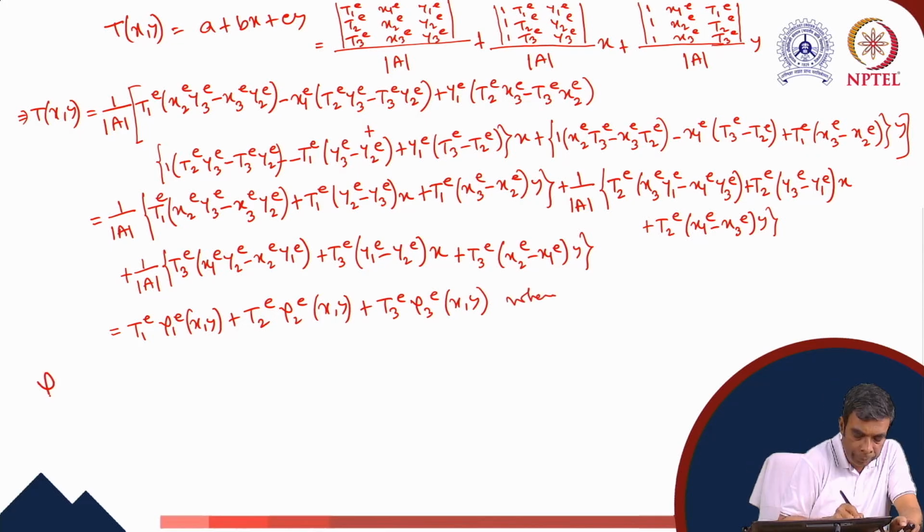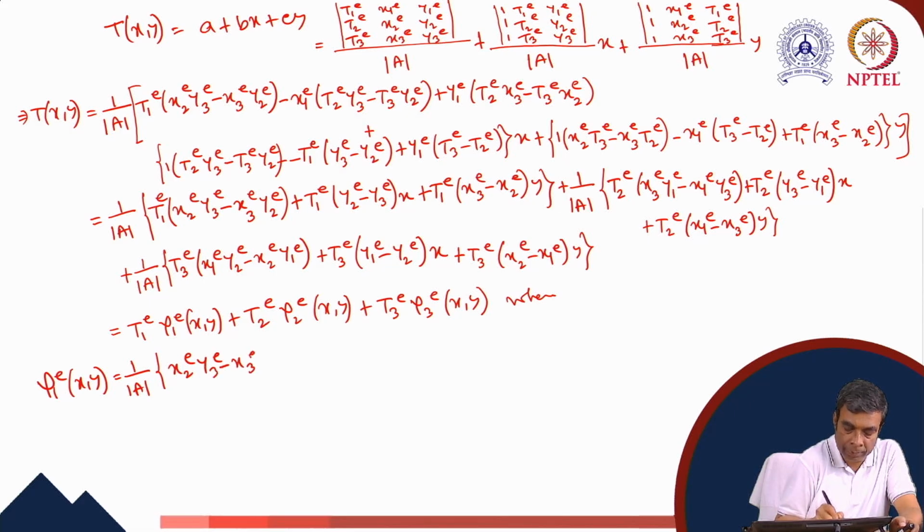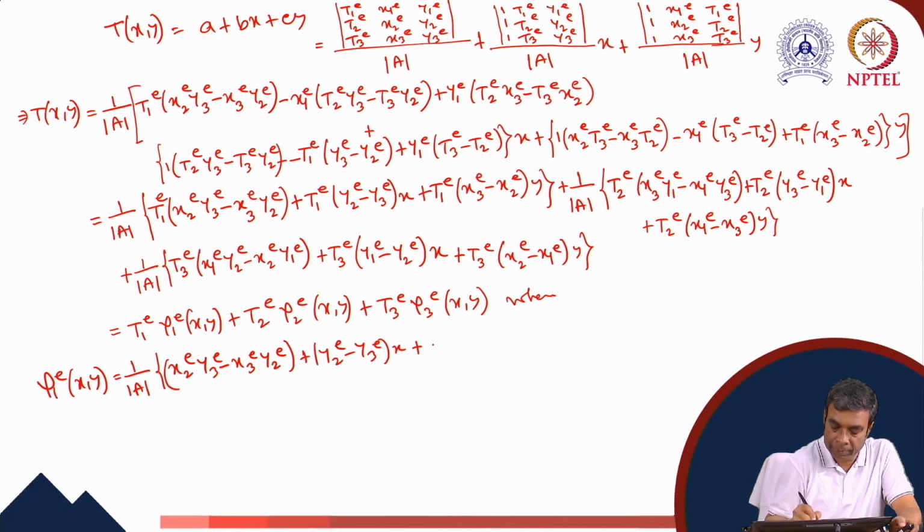Here psi 1e xy equals 1 by determinant A into (x2e y3e minus x3e y2e) plus (y2e minus y3e) into x plus (x3e minus x2e) into y.